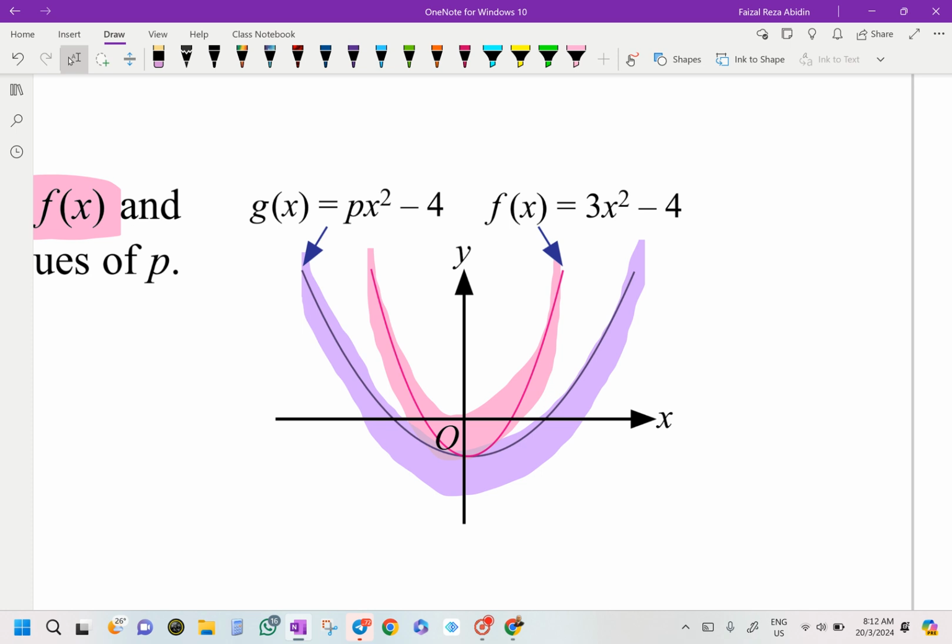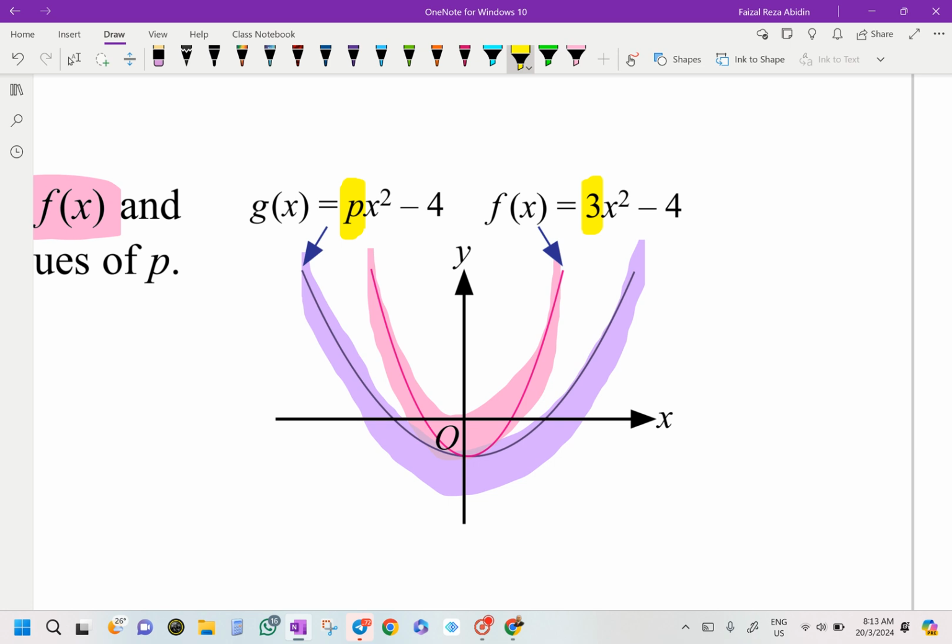So if you look over there, which one is your A? P ni. A kita adalah depan X kuasa 2 kan? So for Fx ni 3. So if our narrow punya tu adalah 3, so means that P going to be besar ke lebih kecil?